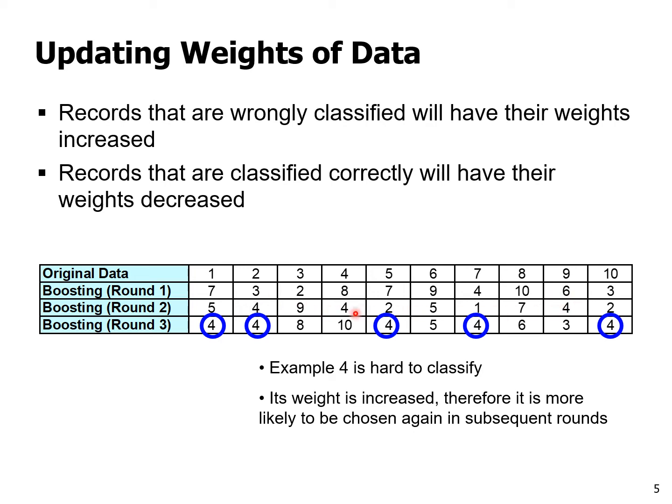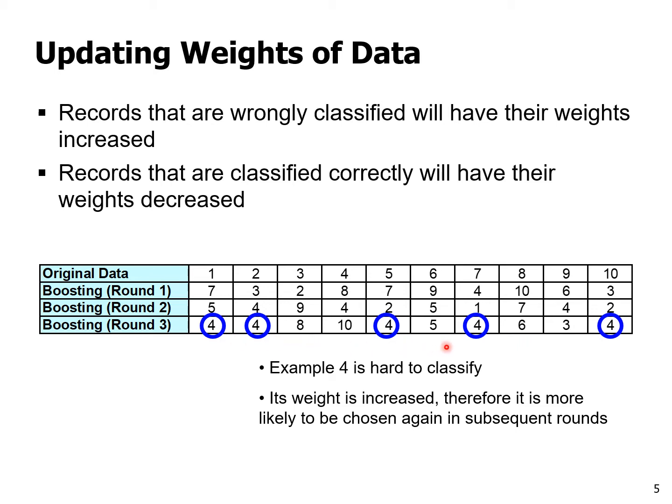We see 3 of them. In the previous round, you had 1 of data 4, and next round we have 3. And suppose this data 4 is still not correctly classified, then we increase the weight of data 4 even more. So next round you have more of data 4. This time we have 5 of data 4.